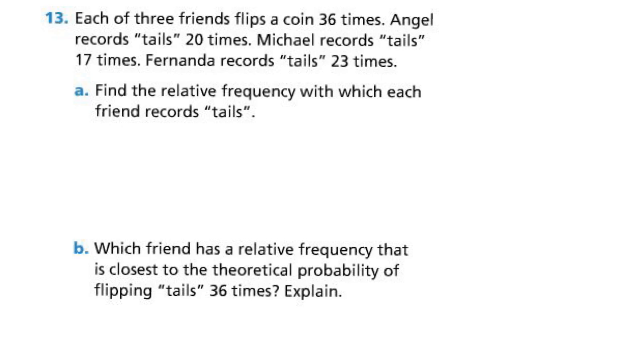Relative frequency, again, is our experimental probability. So let's start looking at Angel's first. Angel recorded 20 out of 36 for his experimental probability. You can reduce this down to 5/9 or even about 56%.